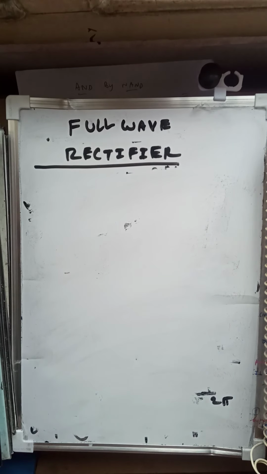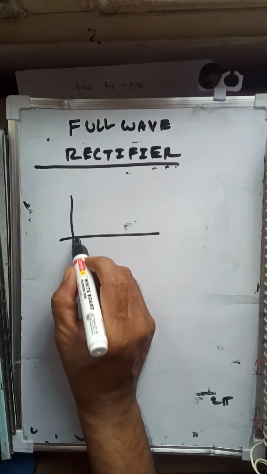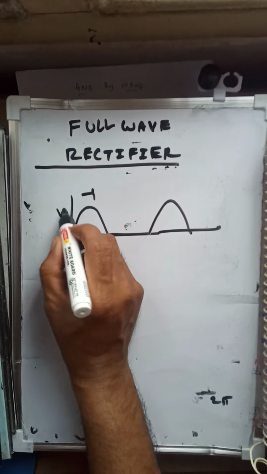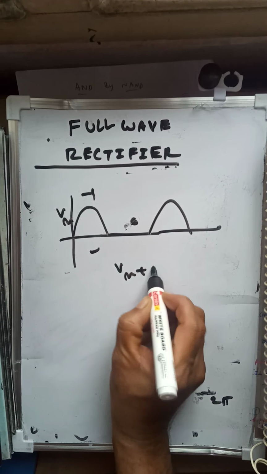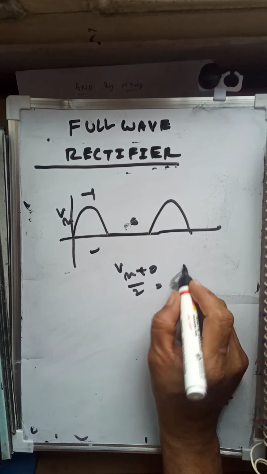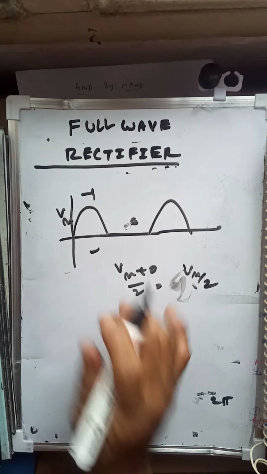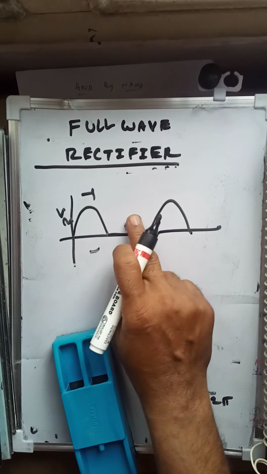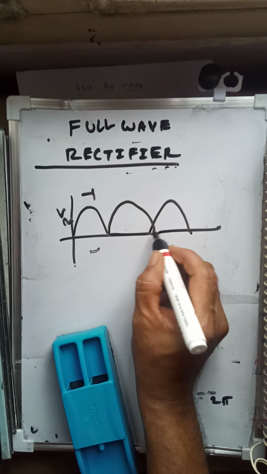So if you compare the average value in the half wave rectifier, this is the half wave rectifier output: Vm plus 0 by 2, that is Vm by 2. The average is reduced. But in this case, the same negative swing is also converted into a positive swing.